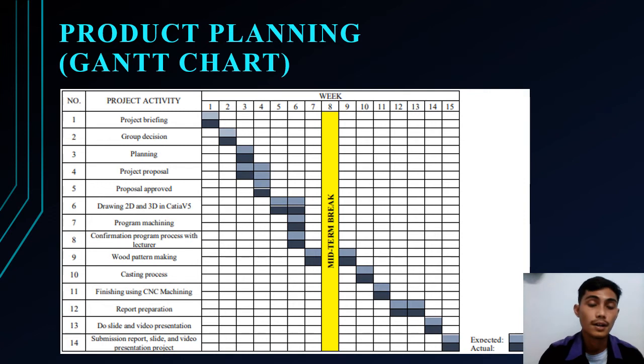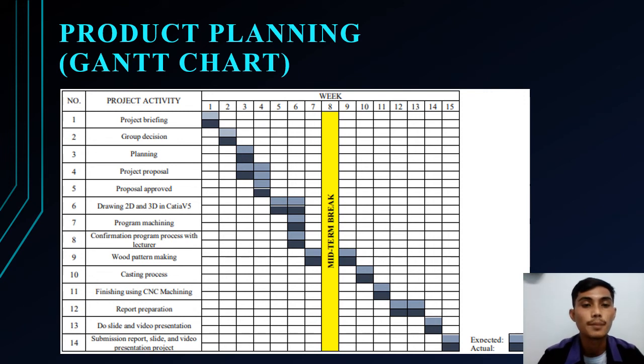In week 4 we do the project proposal, which is the connecting rod cap, and in week 5 the proposal was approved by Encik Shafiq. In week 6 we proceed to drawing 2D and 3D in CATIA V5, and in week 8 confirmation of the program process with the lecturer.